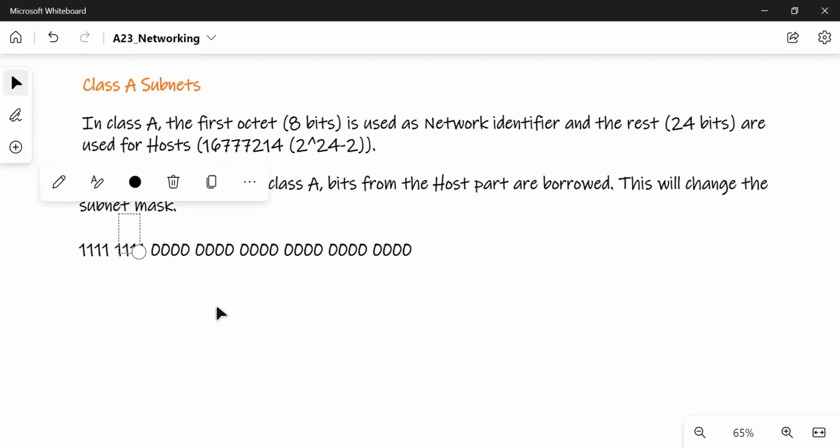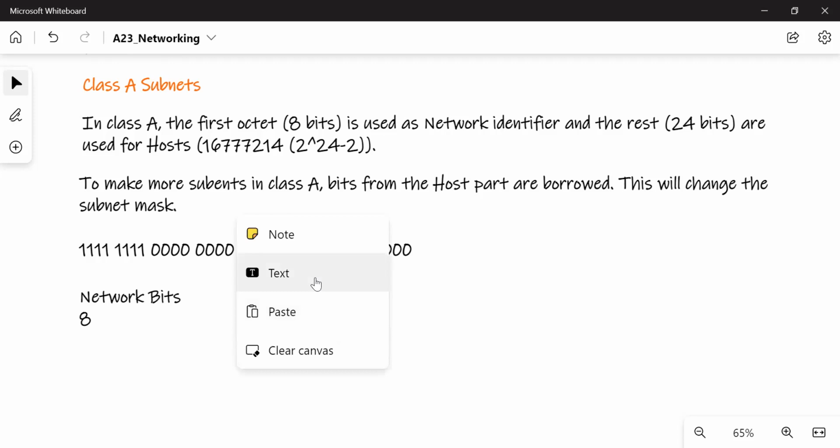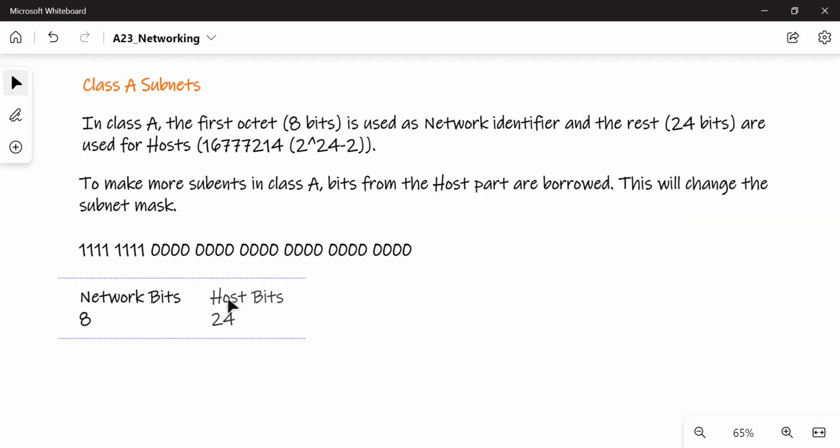I'm going to have first network bits because this is what we are going to change, right? And we know we start network bits with 8, right? So that is a starting value. And the next one, host bits. So initially we start with 24 bits. That part is also okay.